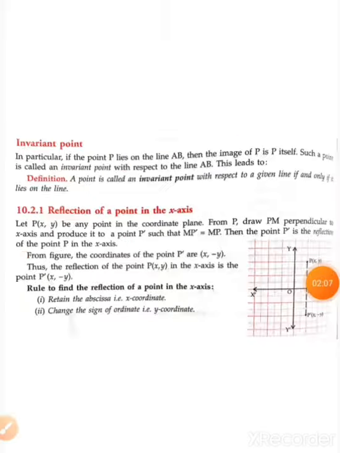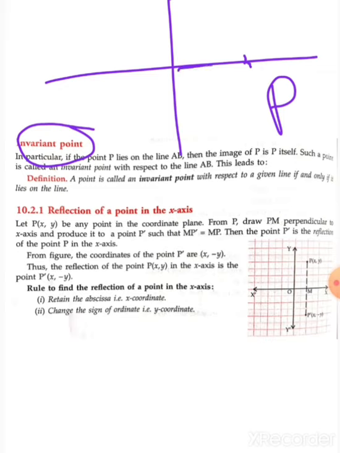Now we'll learn about the invariant point. Invariant point is a very simple concept. I am giving here the x-axis, y-axis, and one more point here, that is P. Now with respect to this x-axis, the image will be here only because this P is present on this line.